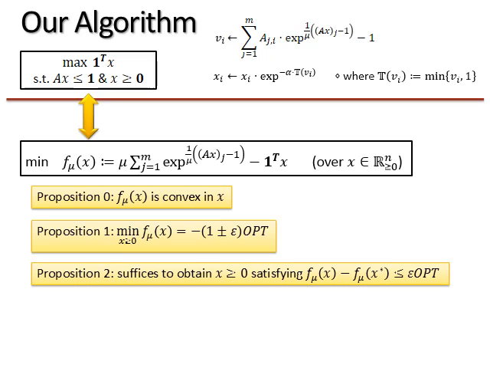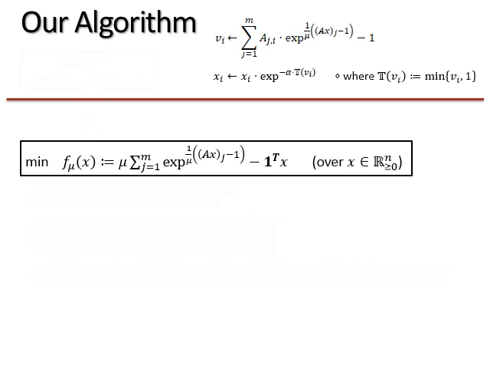Then this vector x is an epsilon approximate solution to the original packing LP. In other words, from this moment on, we can forget about the original packing LP and only focus on this convex function and try our best to minimize it.